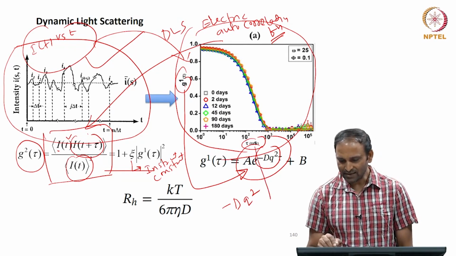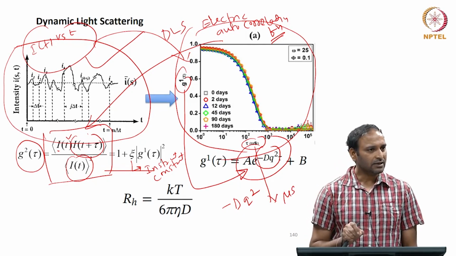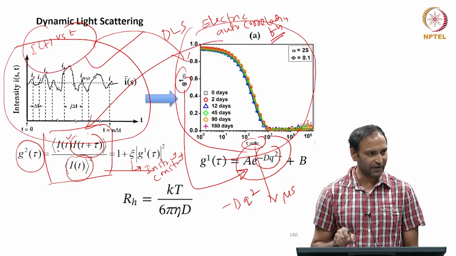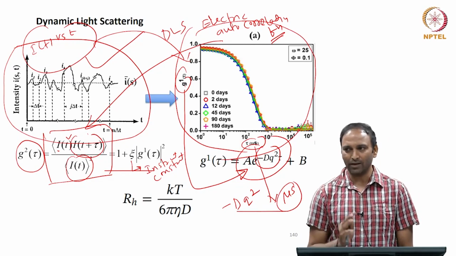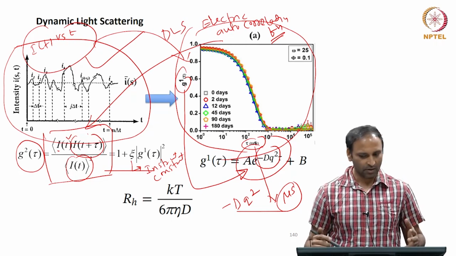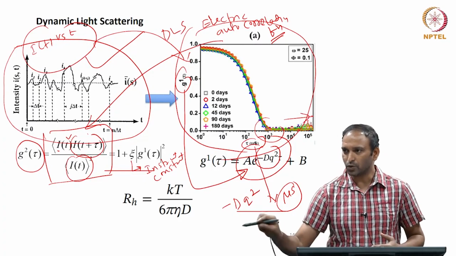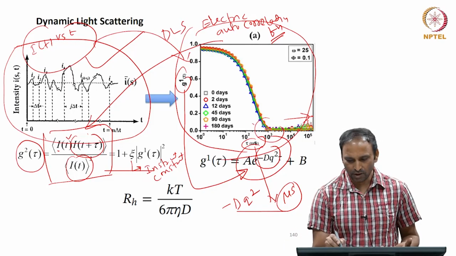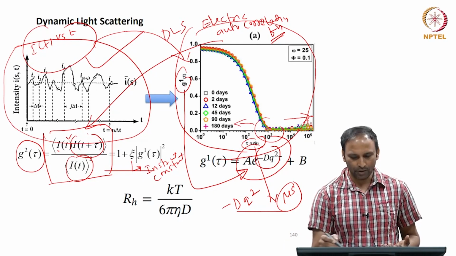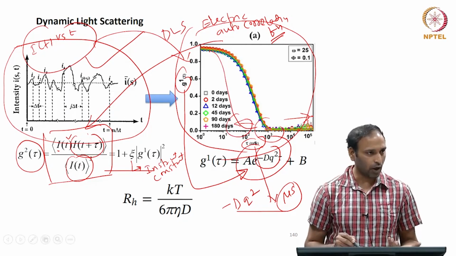This tau is in microseconds, depending upon the length scale of the particles that you have as a dispersed phase. This unit would vary. If you have very large particles, then you will see that this decay happens somewhere towards a larger tau. If you have very small particles, it will decay at a lower tau.